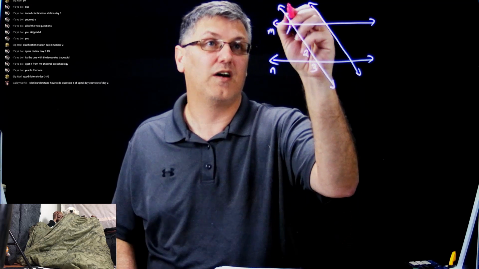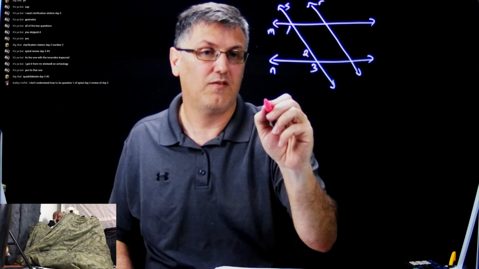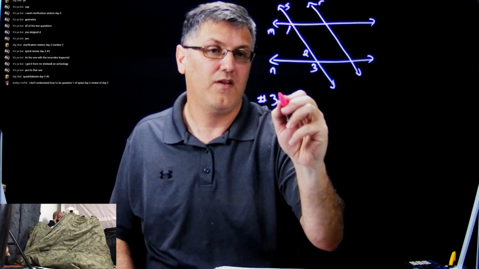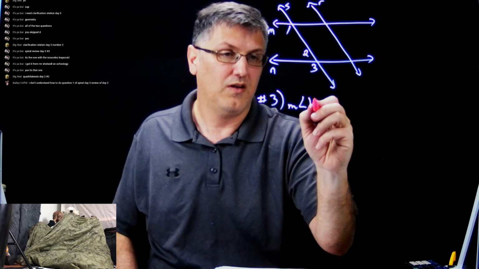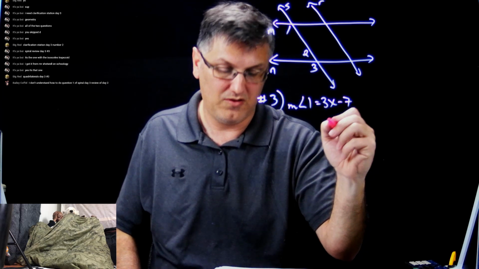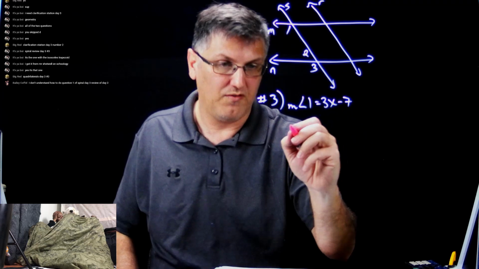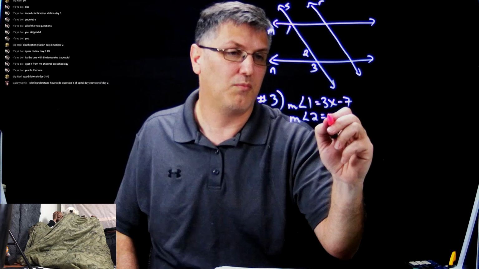This is line M, line N, line S, line R, and then number 3. For number 3, they have the measure of angle 1 equals 3x minus 7, and the measure of angle 2 is 2x minus 13.